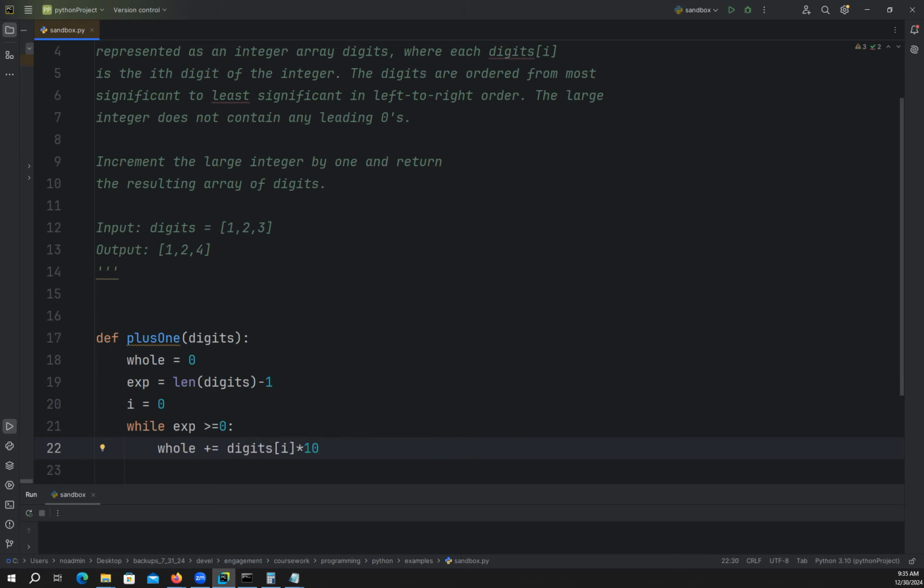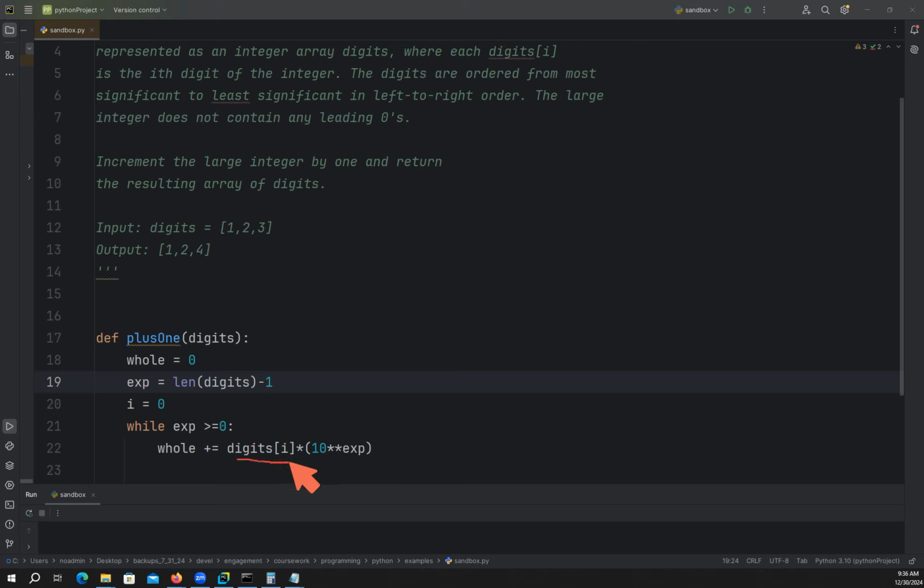I'll explain this soon. All right, I'll explain this now. What I am doing here is, and actually this is right, let's look at the right side first. digits[i] times 10 to the whatever.